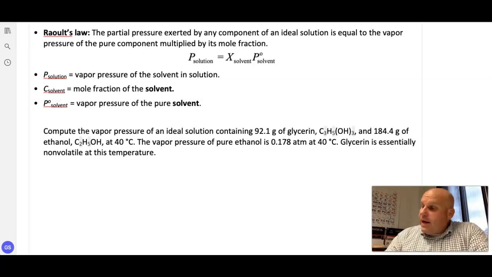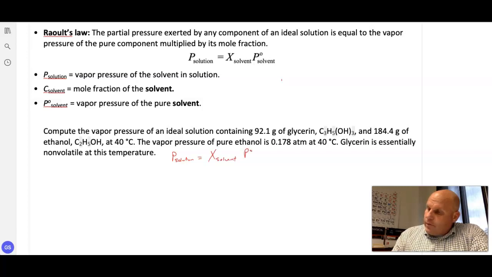All right, let's work this practice problem here. So we know our formula is this. Let's see what the problem gives us. It's asking for the vapor pressure of the ideal solution. So what is the vapor pressure of this solution?